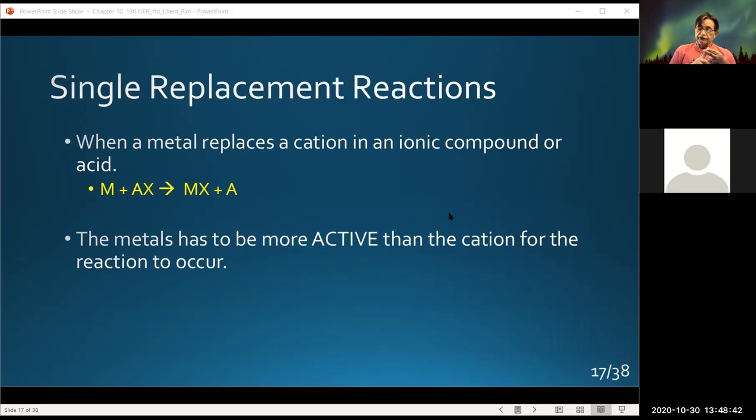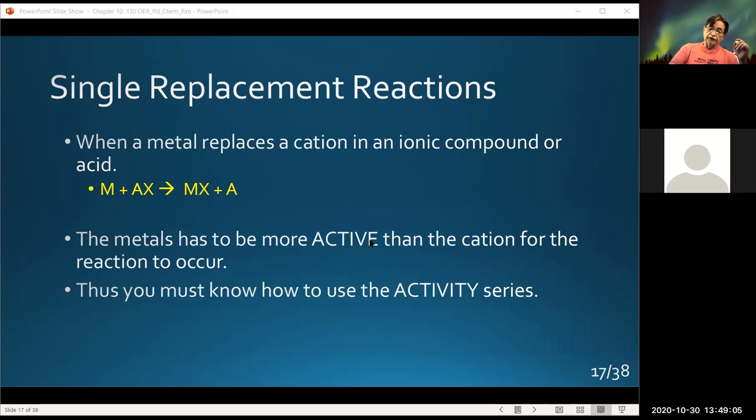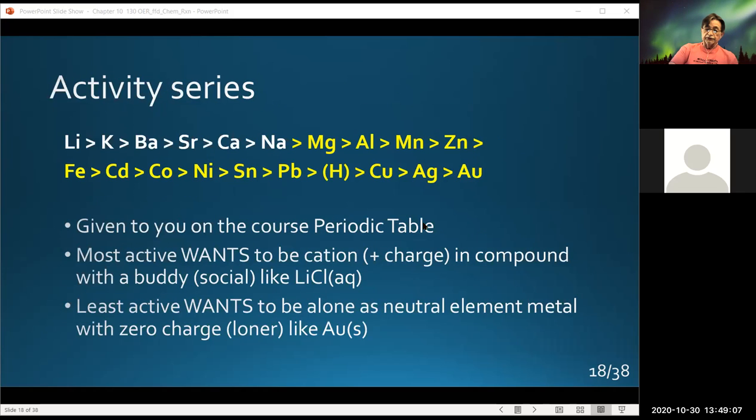Then the second question is, is the most reactive metal already in ionic form? If the most reactive metal already is in ionic form, there's no reaction. If it's not in ionic form, then a reaction proceeds. You exchange the partners. All right, we'll get some examples here in a moment.